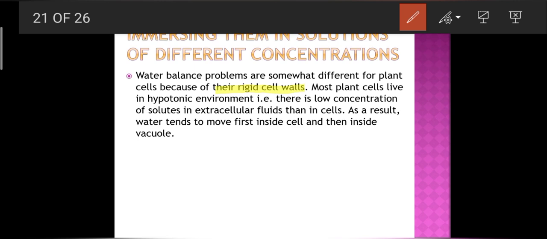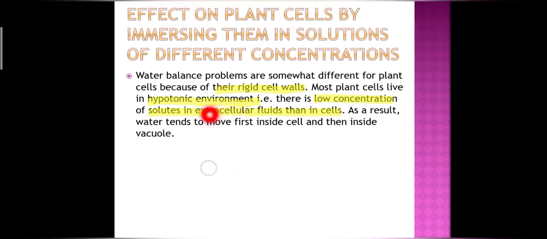So most of the plants live in a hypotonic environment. We have discussed that a hypotonic environment is one in which there is a lower concentration of solute in the extracellular fluid than in the cell. What are the extracellular fluids? Extracellular fluids are those fluids that are outside of the cells.